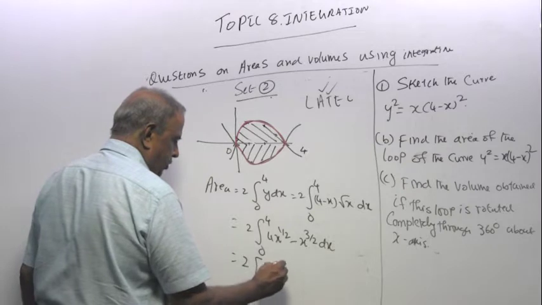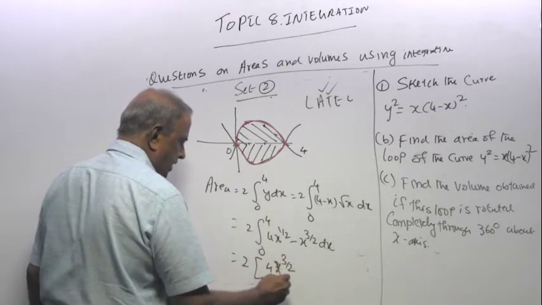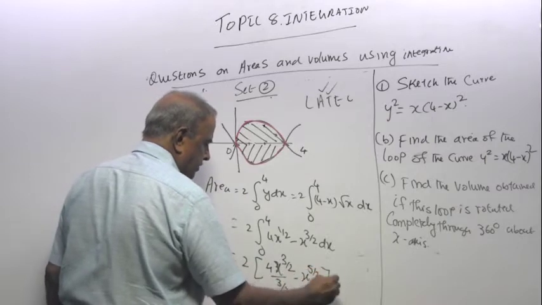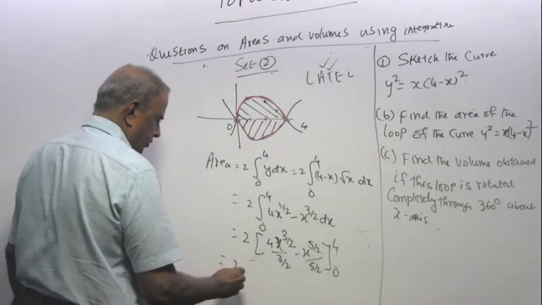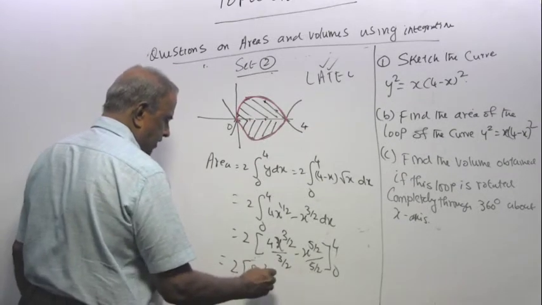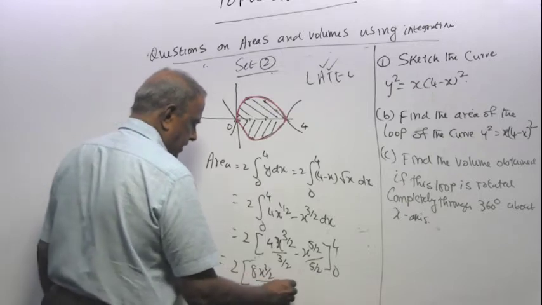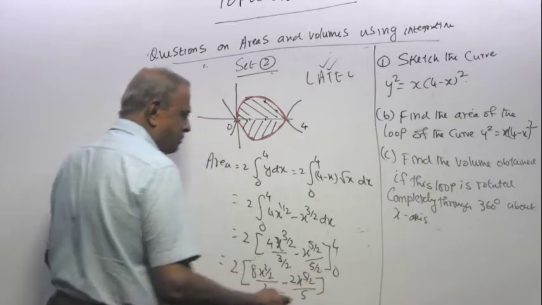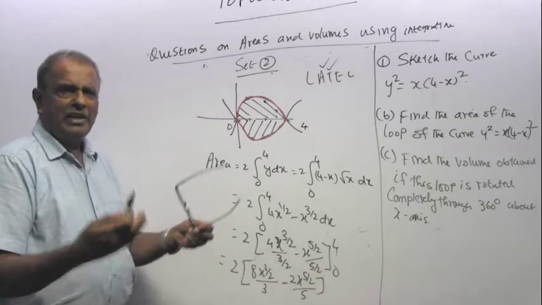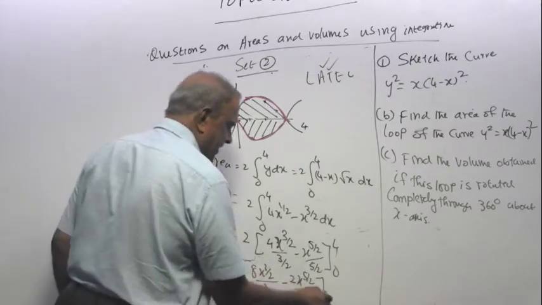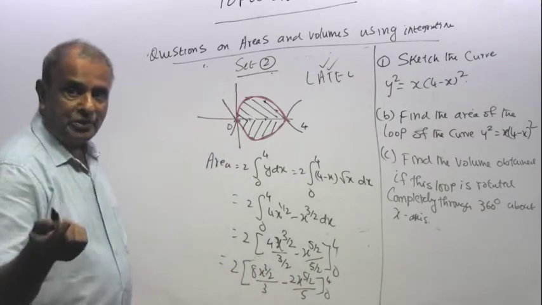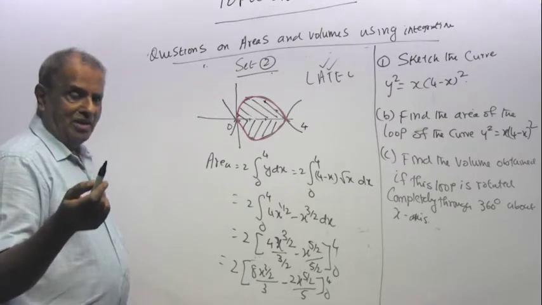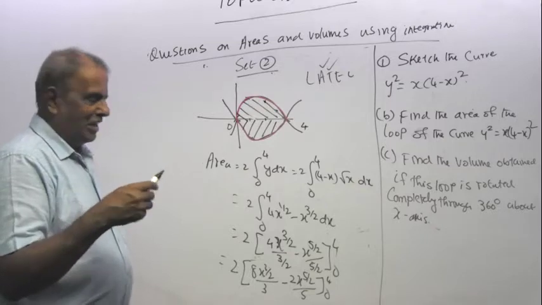2 times [4x to the power 3 over 2 divided by 3 over 2 minus x to the power 5 over 2 divided by 5 over 2] between 0 and 4. So 2 times [8x to the power 3 over 2 divided by 3 minus 2x to the power 5 over 2 divided by 5]. I prefer simplifying first instead of putting in the values because I find that easier, but you don't have to. Okay, you don't want me to simplify? Are you sure? Nah.